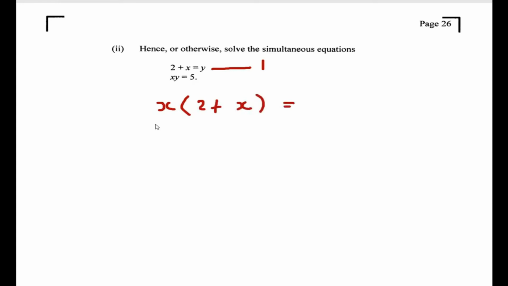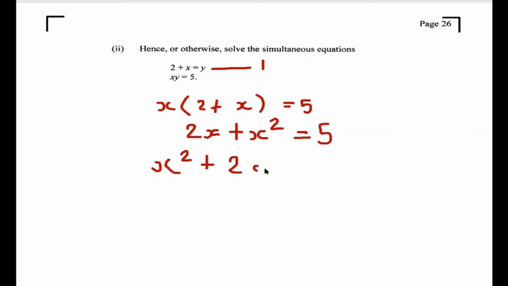So multiply them across, we get 2 times x is 2x, plus x times x is x squared, and that equals 5. So we can bring over the 5 to get x squared plus 2x minus 5 equal to 0.